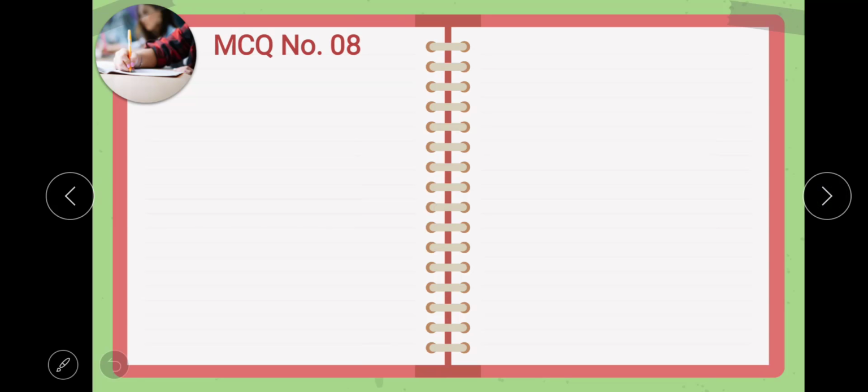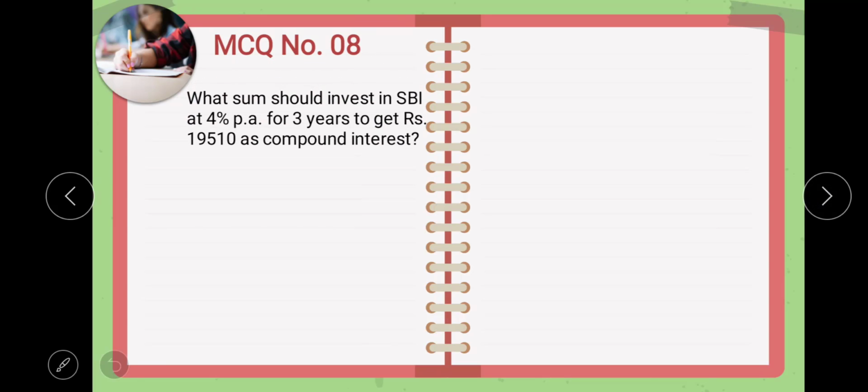So multiple choice question number 8. What sum should be invested in State Bank of India at 4% per annum for 3 years to get rupees 19,510 as compound interest?